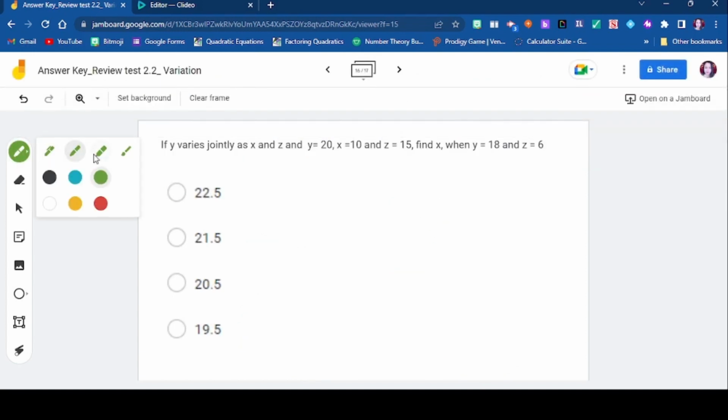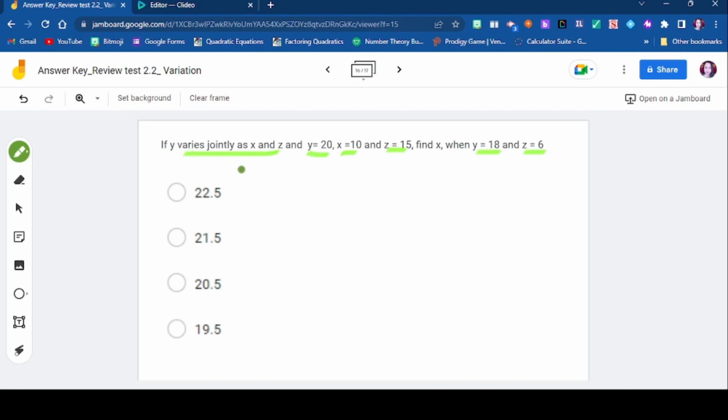It says now, if y varies jointly as x and z, we need to find x. If the given y is 20, x is 10, and z is 15, okay? So we need to find x when y is 18 and z is 6. So before we do that, let us have the mathematical statement.